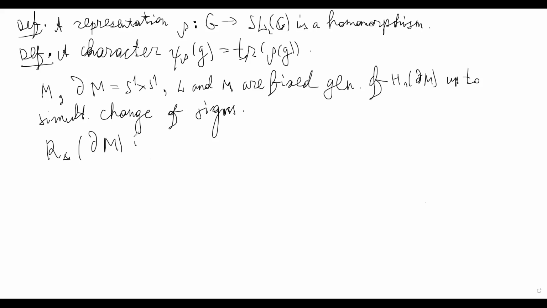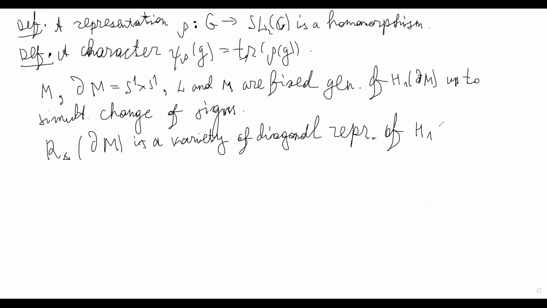It is the variety of diagonal representations of the fundamental group, the same as the homology group, of the boundary torus, representations of H1 of dM.